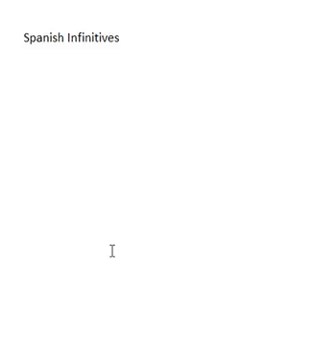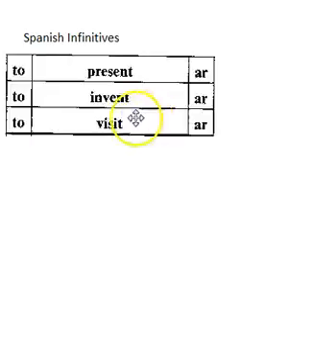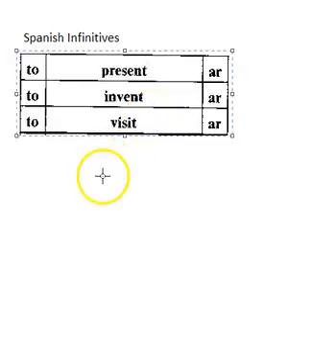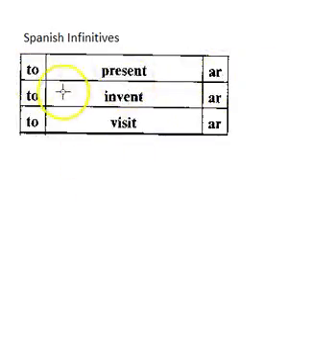In English, the infinitive is the impersonal to form of the verb. And by far the most common type of infinitives in Spanish are the AR verbs. So to present would be presentar, to invent, inventar, to visit, visitar.